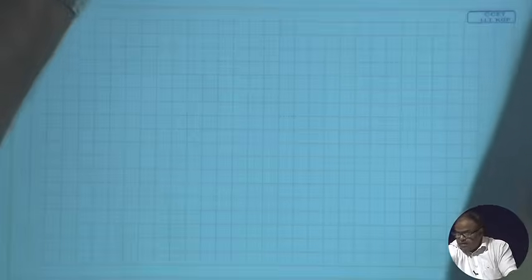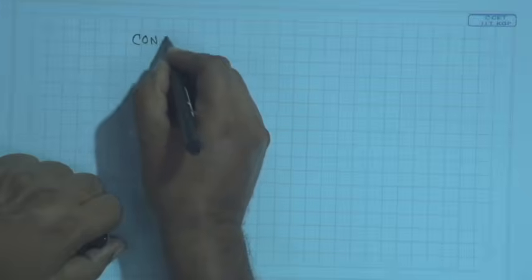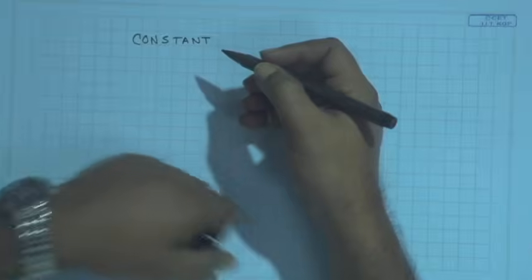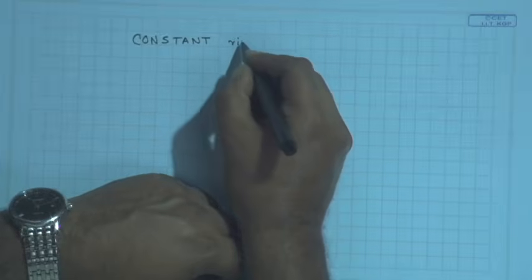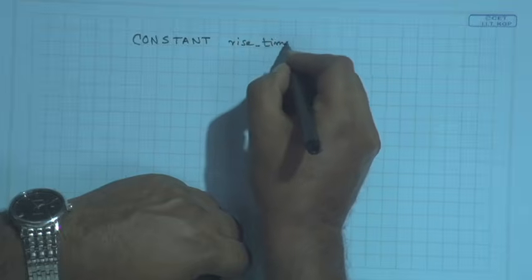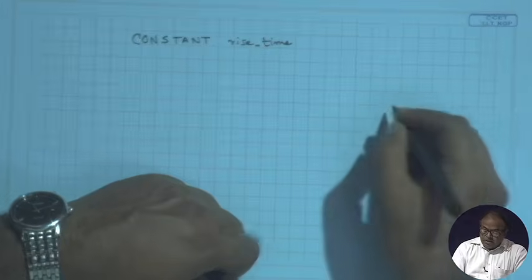The next component that we need to know is the constant. We can use the reserved word constant and give some constant name, for example, rise time of a signal, right.